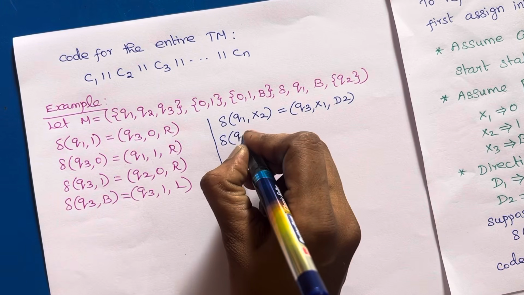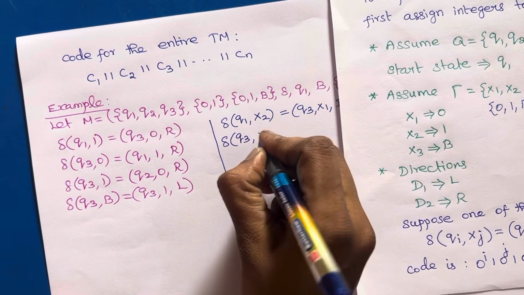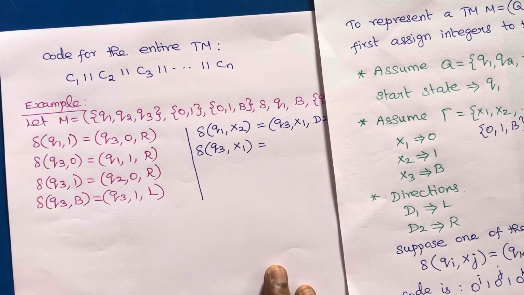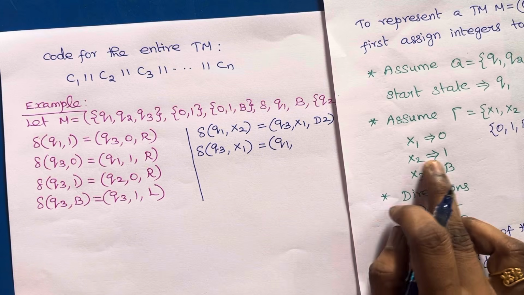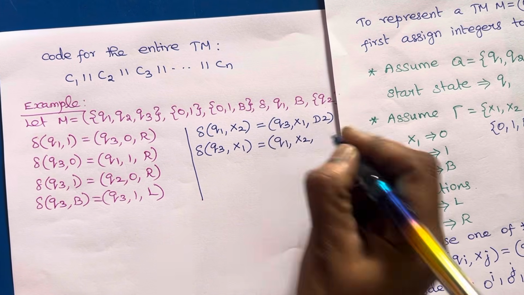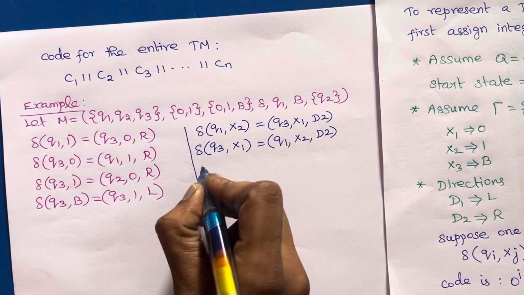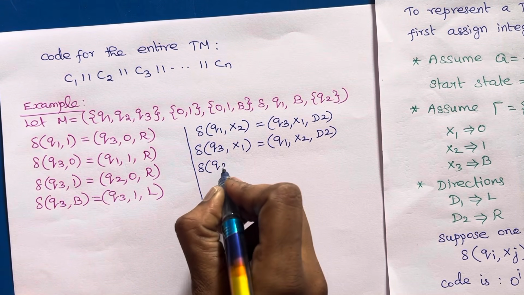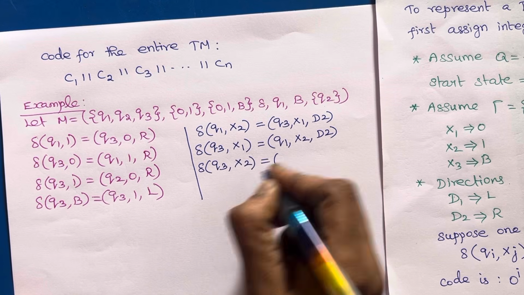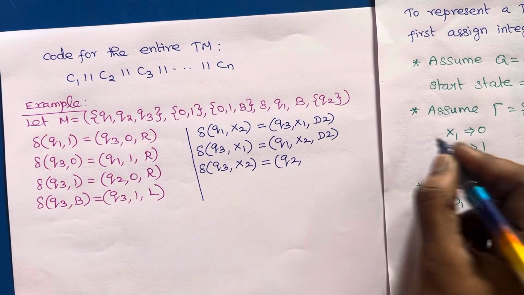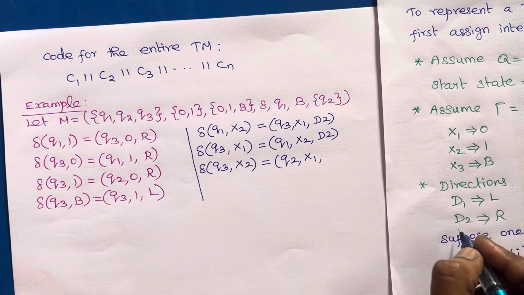Similarly, we need to rewrite the other transition rules as well. So Q3, 0, x1 equals Q1, tape symbol 1 means x2, right move D2. Del of Q3, tape symbol 1, x2 equals Q2, tape symbol 0, x1, right move means D2.